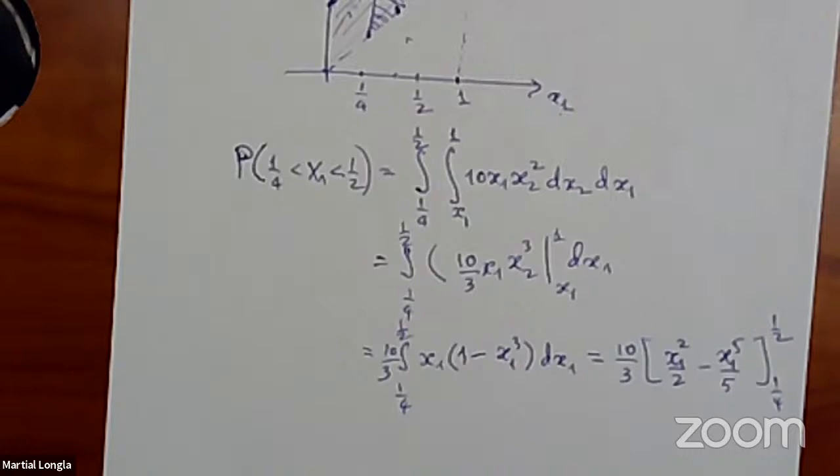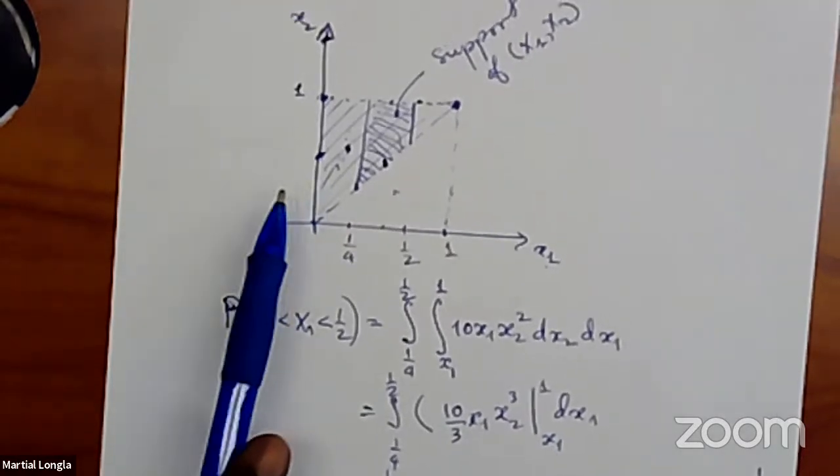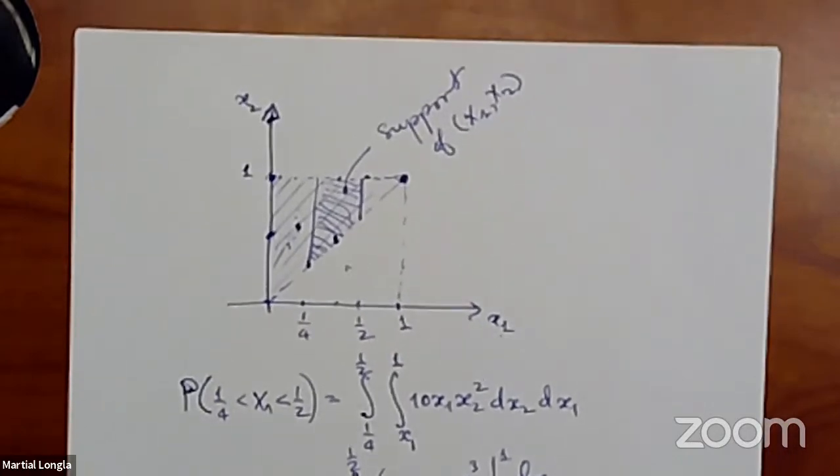Does this make sense? I really want you guys to please learn how to use this when you're talking about your joint distribution and finding probabilities.